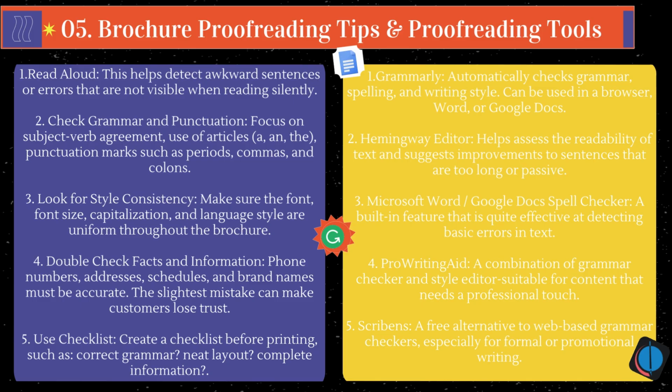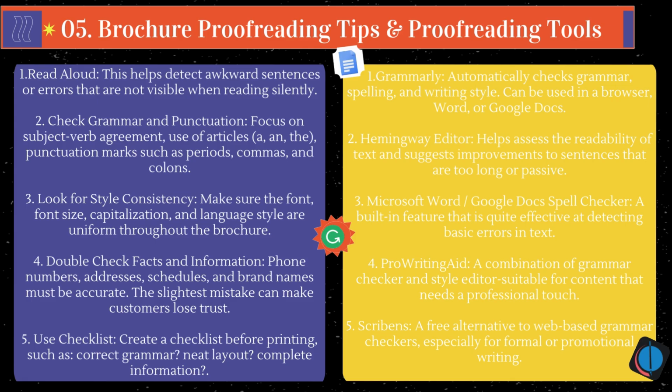And for the proofreading tools, first, Grammarly. Grammarly can help automatically check grammar, spelling, and writing style. It can be used in a browser, Word, and Google Docs. Second, Hemingway Editor. It helps assess the readability of text and suggests improvements for sentences that are too long or evasive.